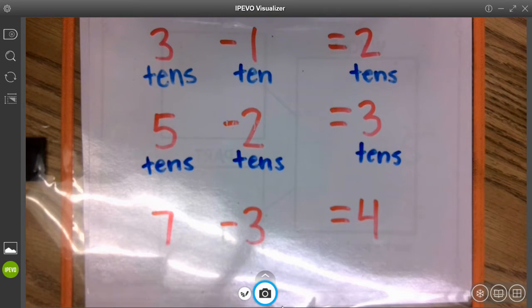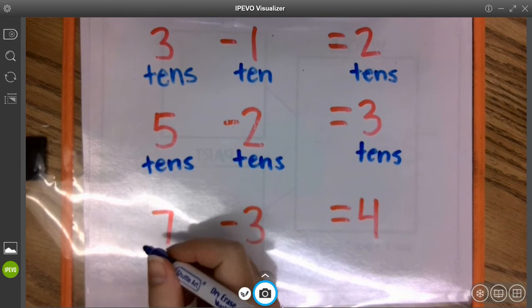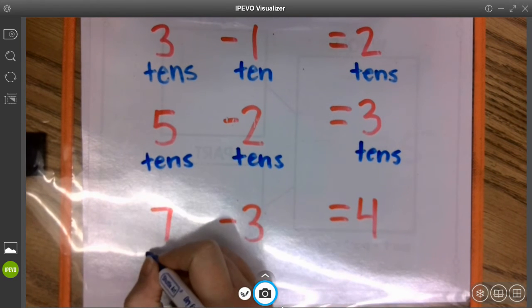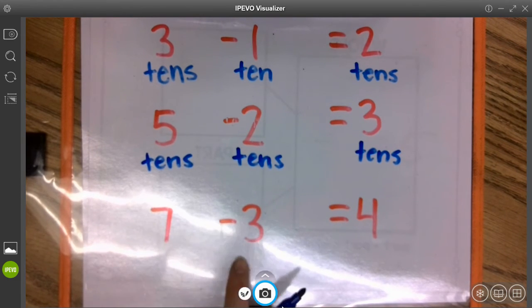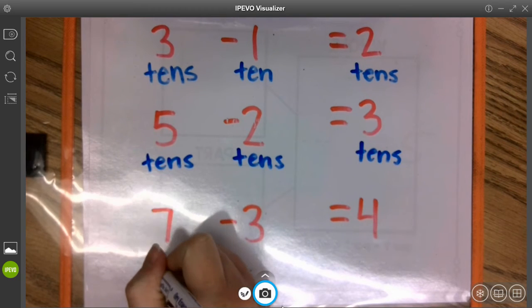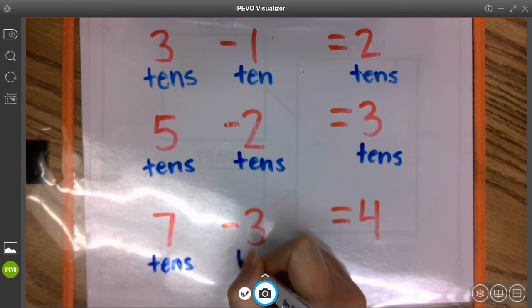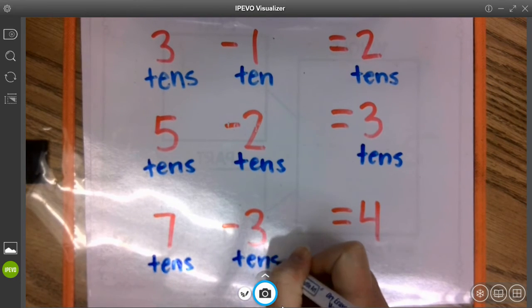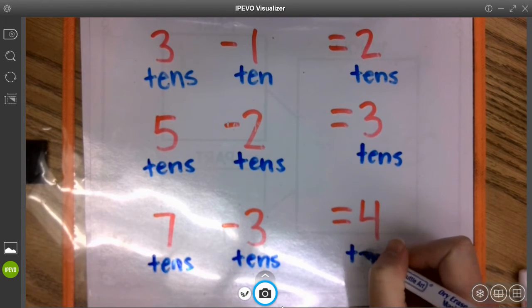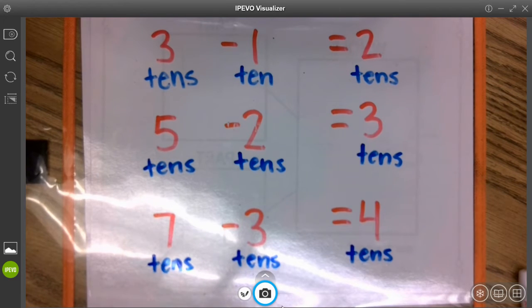And the fact remains true here. If we know that 7 minus 3 equals 4, then we also know that 7 tens minus 3 tens equals 4 tens. Okay, so the pattern stays the same.